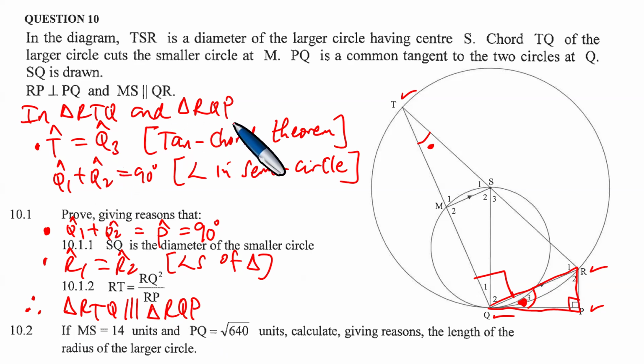Why is this the case? Because we have 1, 2, 3 angles respectively equal. So angle, angle, angle, like this.